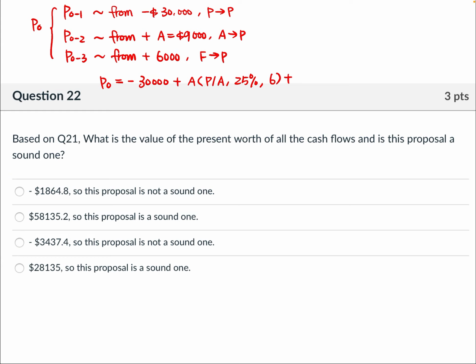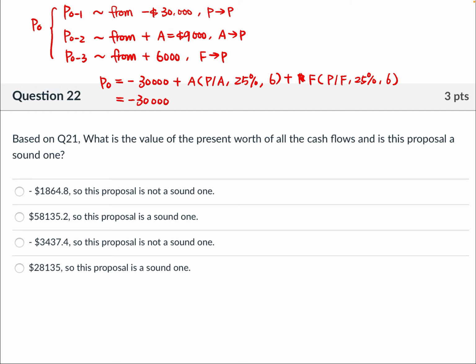And then you don't forget about the 6,000 future cash flow to the present. So use the formula of F times P given F, 25% and 6.